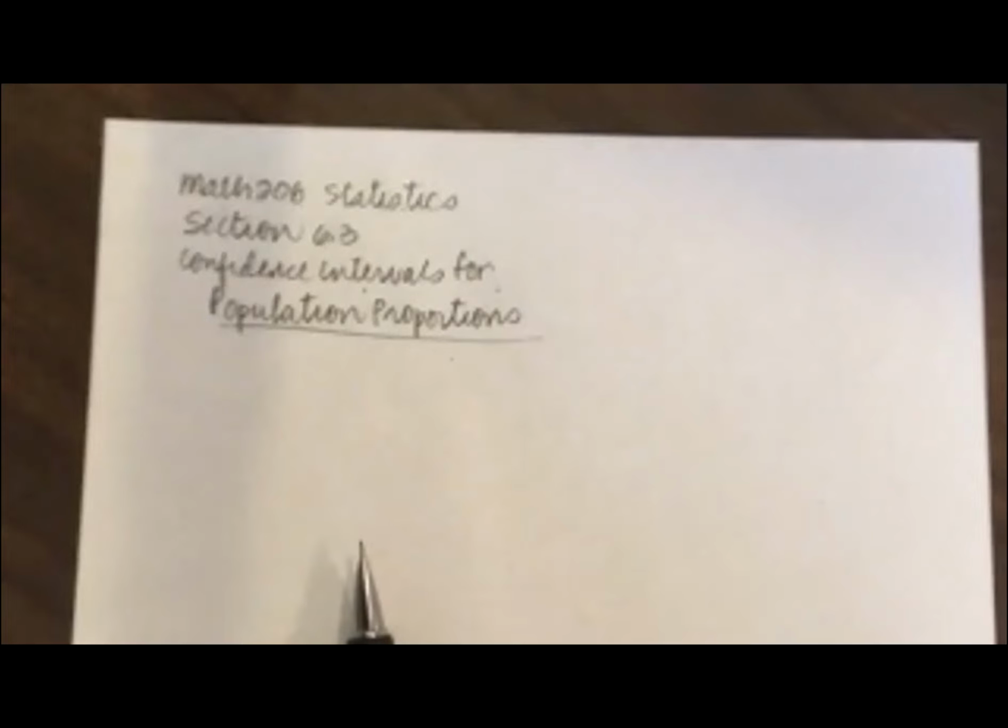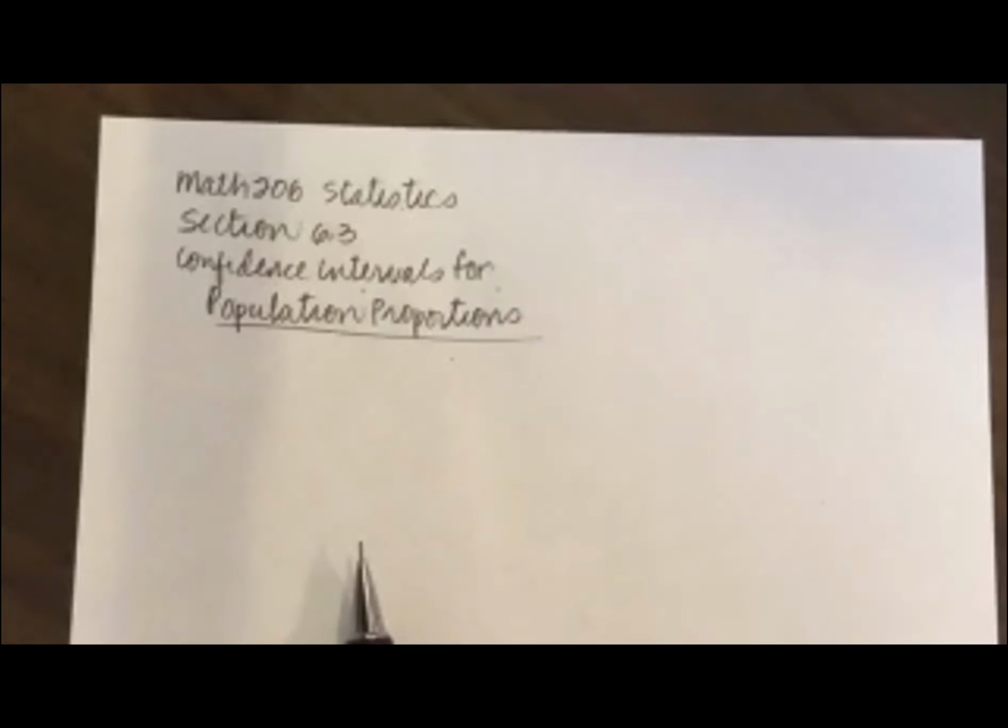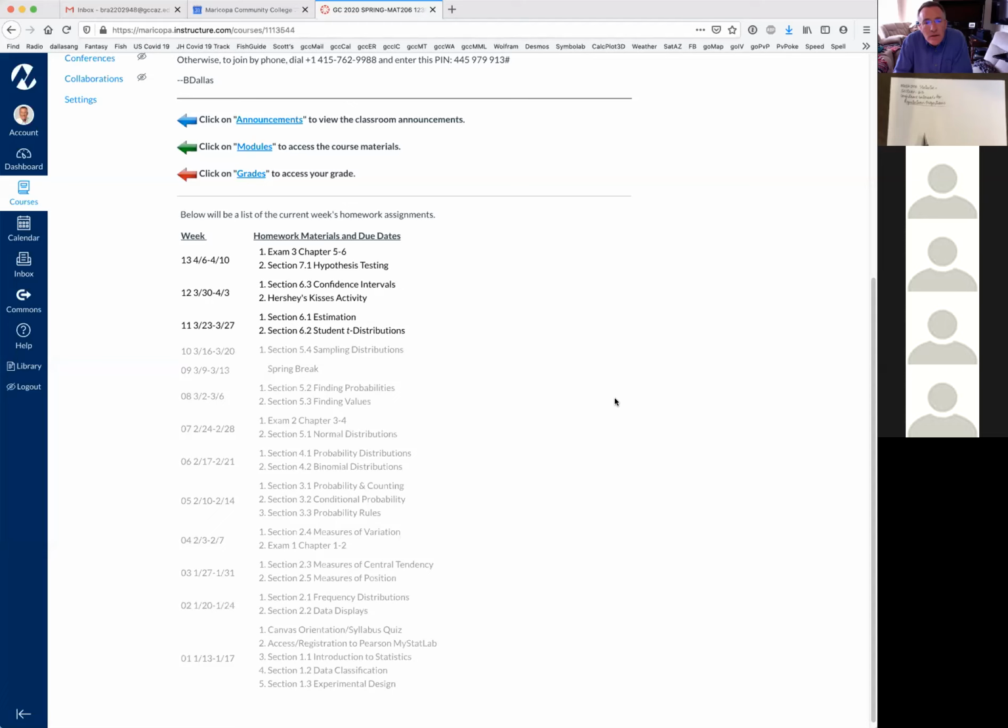Okay, so let me share with you our calendar and some ideas that I was talking to Will about while you guys were signing in. Here's what I've got planned for us. Last week, we talked about the end of sampling distributions and building confidence intervals for a population parameter.